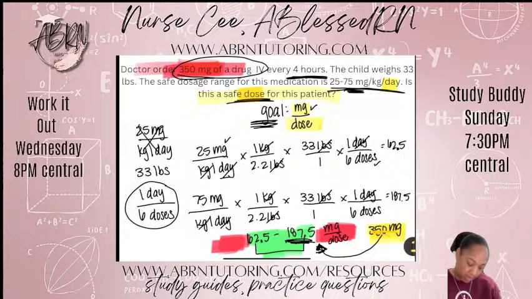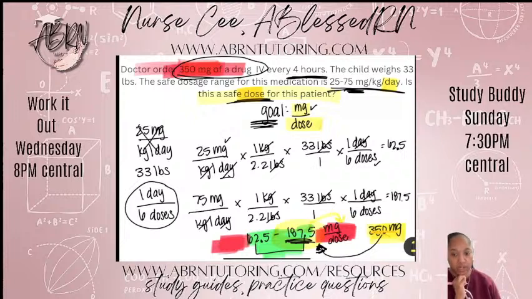So we can give 62.5 to 187.5 milligrams per dose, and that will be safe. What the doctor has ordered was 350 milligrams, which is way more than this. So therefore, it's over here in the red zone, and it's not safe.